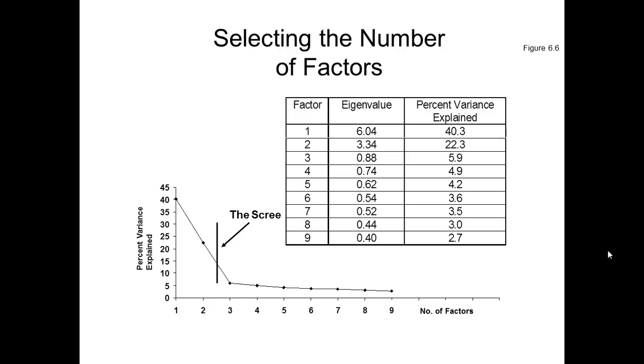And that's where that SCREE line is. What you see is the number 1 and 2, 6.04, and the second one, 3.34, fall into that range. And that is in the SCREE also. So you can see both of these charts are kind of talking to each other, just plotted in different ways.